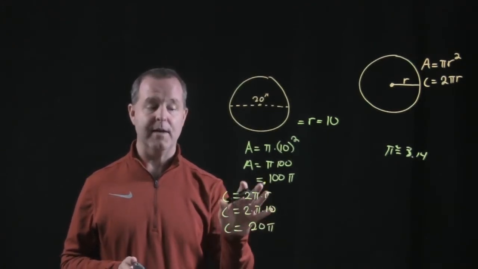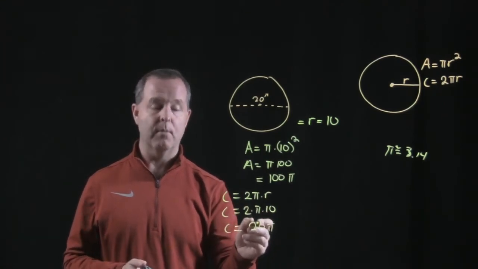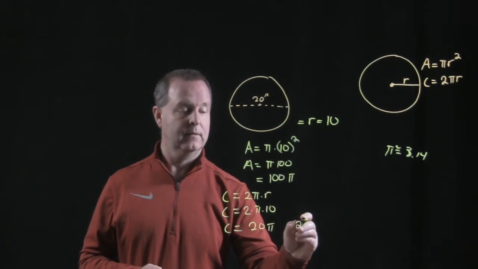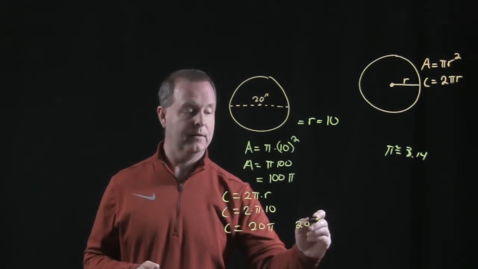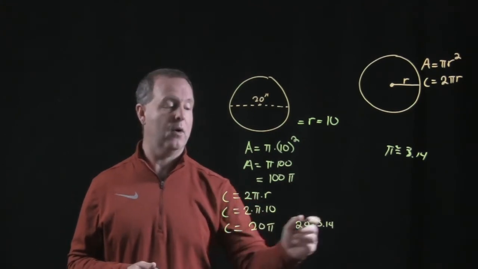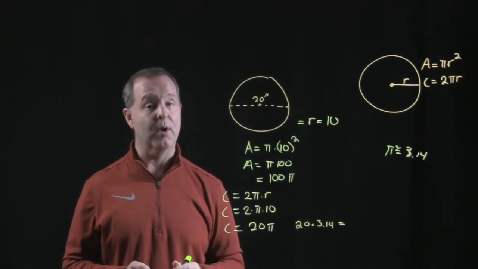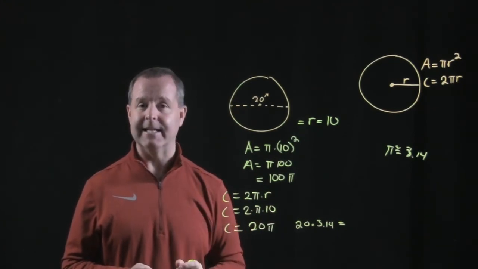However, if you need to find the approximation of what the circumference is, or you're asked to, then go ahead and multiply 20 times pi on your calculator, or as an approximation use 3.14, and figure out what that equals. That's fine as well, but remember, that's just an approximation. 20 pi is an exact answer.